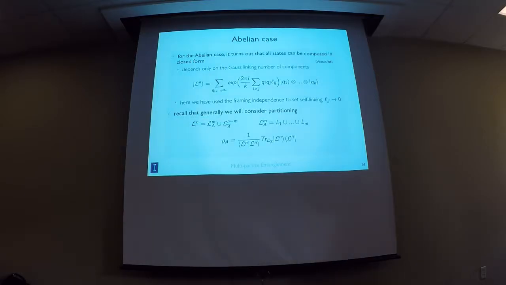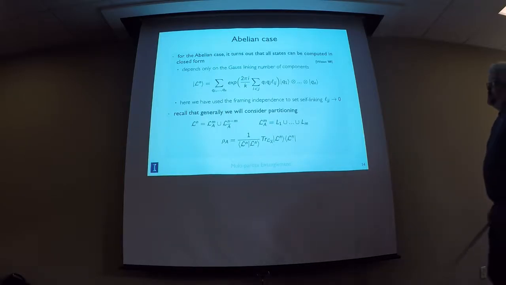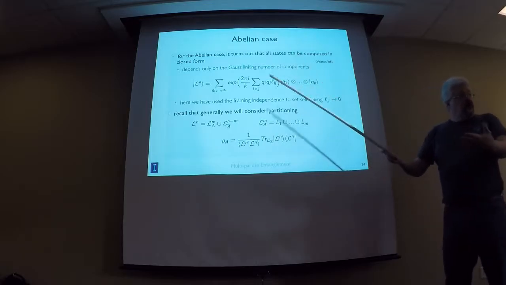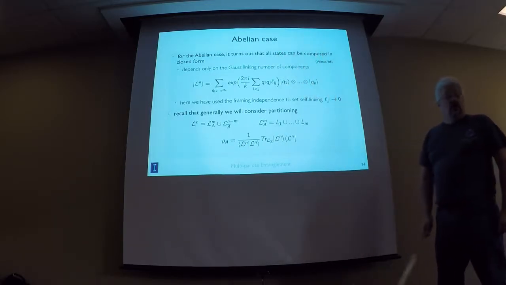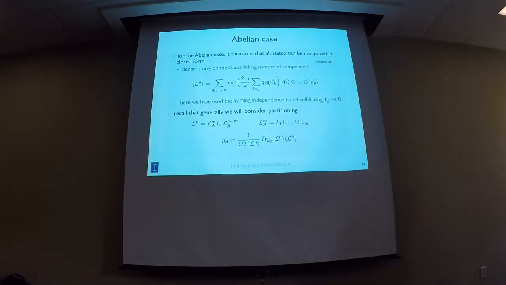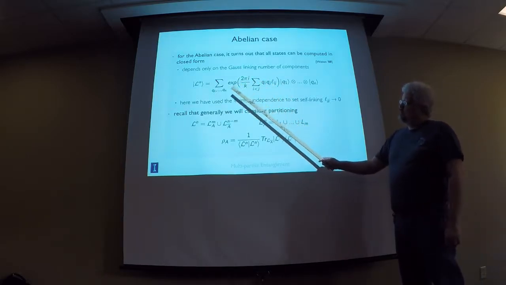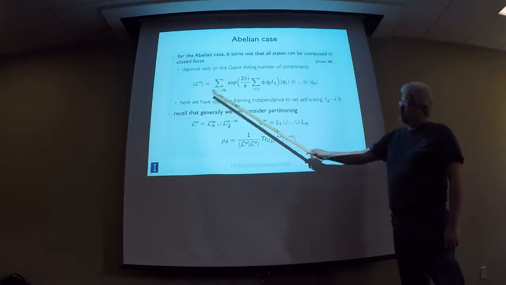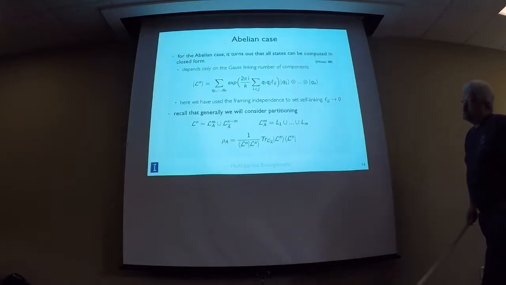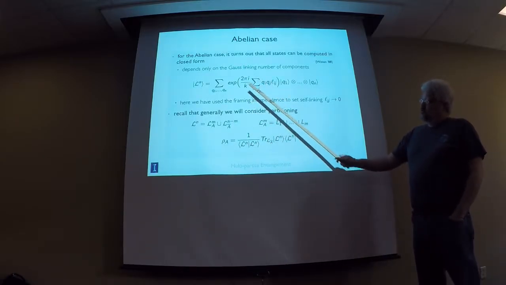Okay, so let's do the simplest possible thing, the abelian case. I'm just taking the gauge group to be U(1), the level to be K. The nice thing about this is that Witten calculated the data necessary to determine all of these states a long time ago. They're known in closed form. Translating that information into my language gives you this.